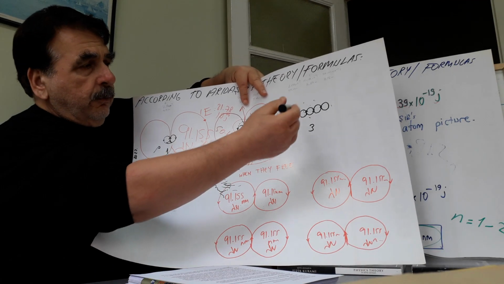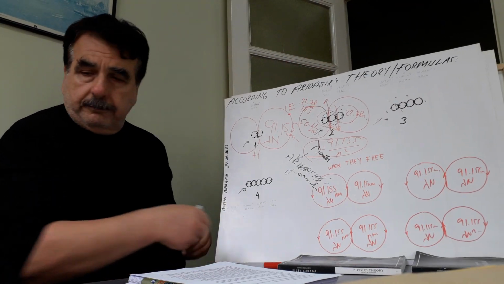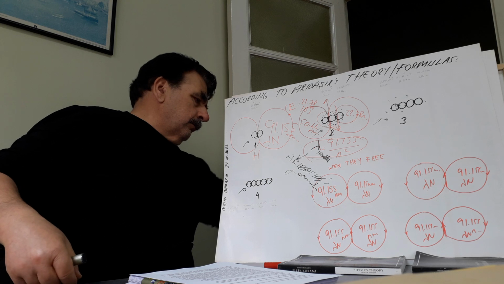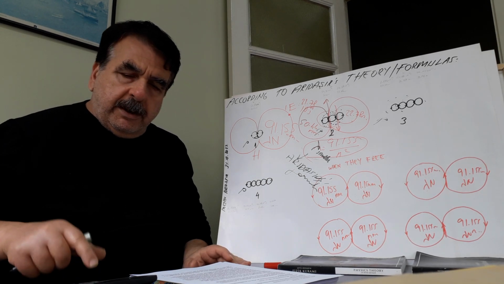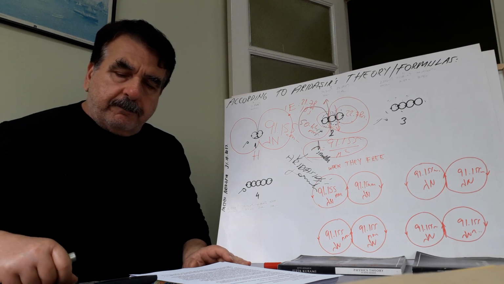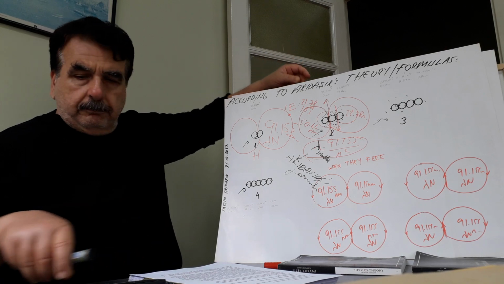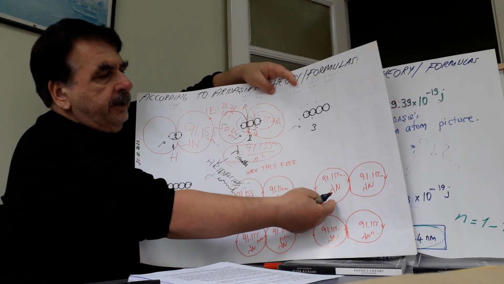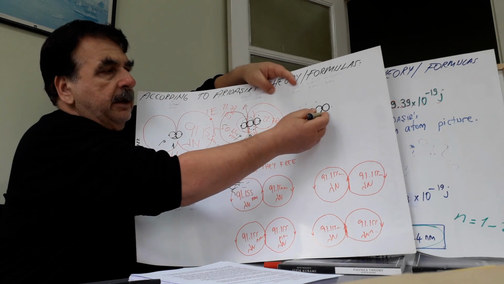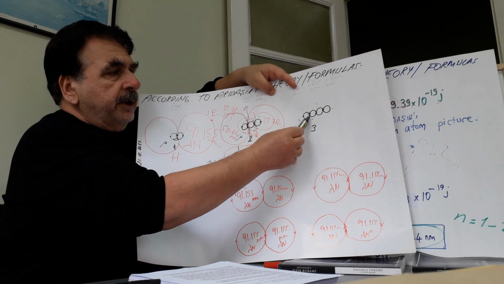Here, what will it be? (91.155) divided by 3 squared is equal to, here it will come and meet and encounter and make joint motion here or there.